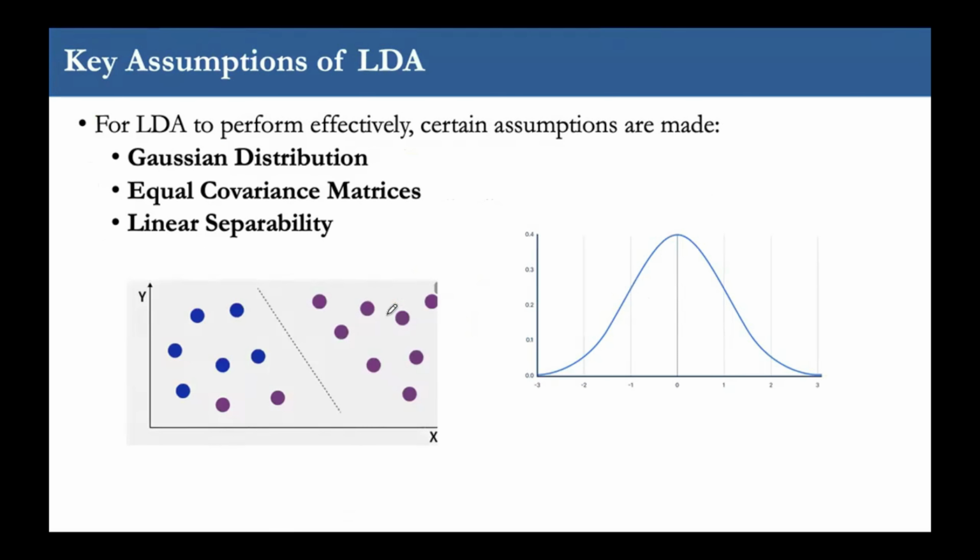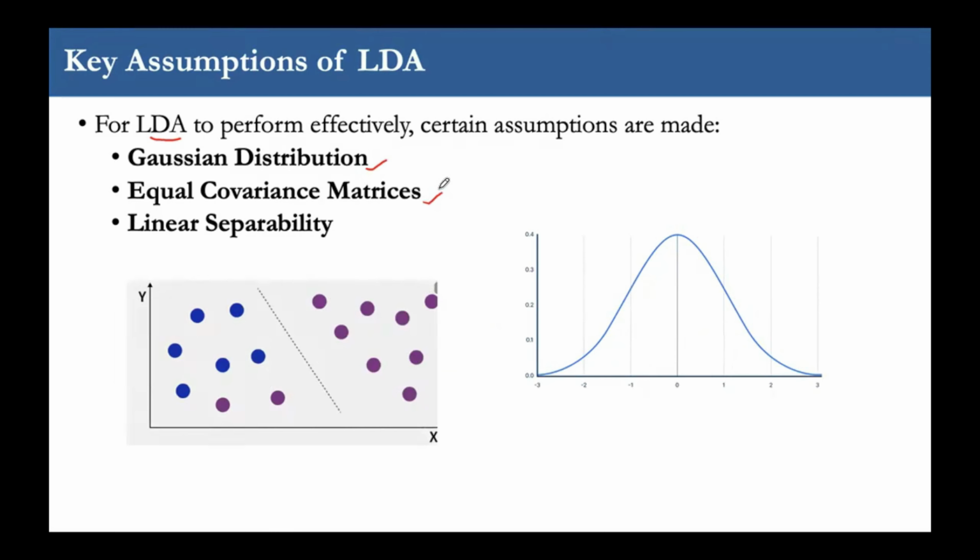We look into the assumptions of LDA. LDA assumes certain things to perform its execution. The first one is the Gaussian distribution. It means that the data in each class, consider the data in one particular class C1 or C2, should be in a Gaussian distribution. The second one is equal covariance matrices.